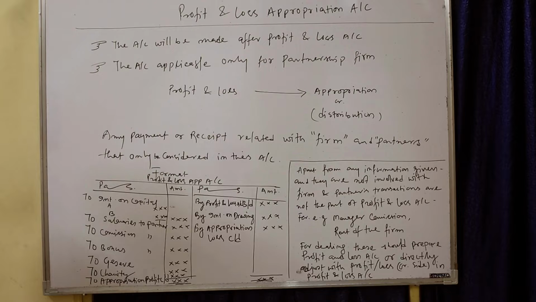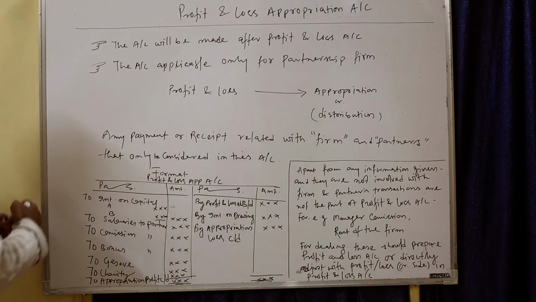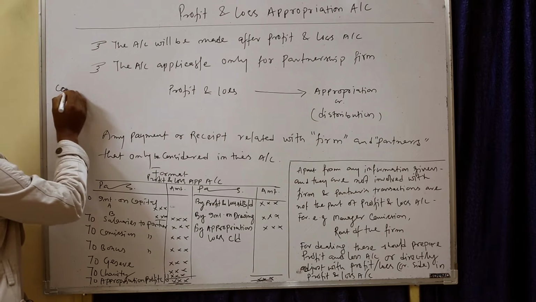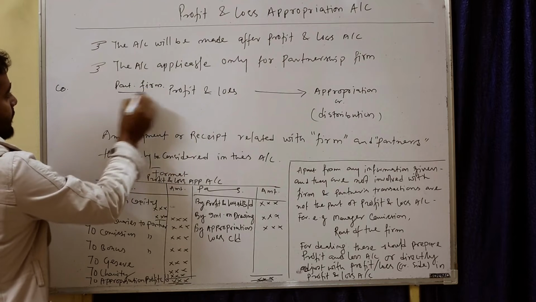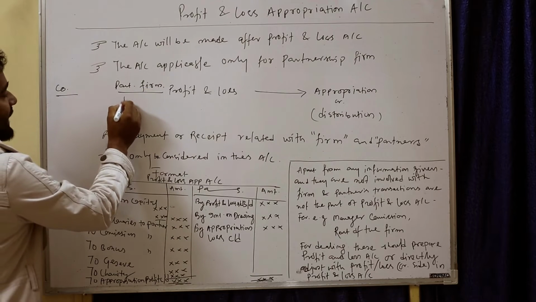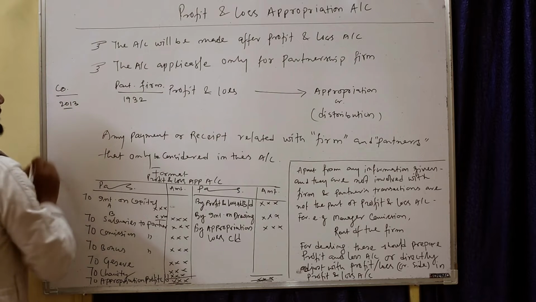Why not in a company? I am giving just a little glance, so you can understand. If you think about a company and a partnership firm, the Partnership Act is 1932, and the Companies Act presently going on is the 2013 Act.